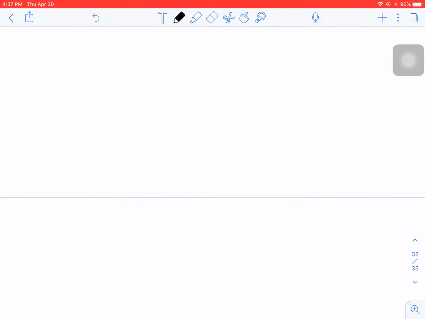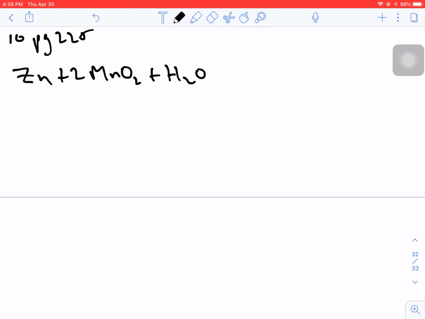So question 10 on page 225 has zinc metal reacting with 2 manganese dioxides plus an H2O. 3 reactants here.